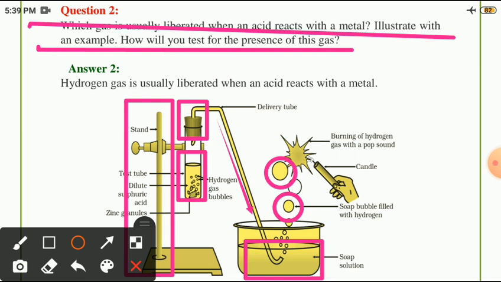We know that hydrogen gas burns with the pop sound. So if we bring a burning candle near the bubbles, then it will burn with the pop sound. So here, burning of hydrogen gas with the pop sound is the indication for the presence of this gas.